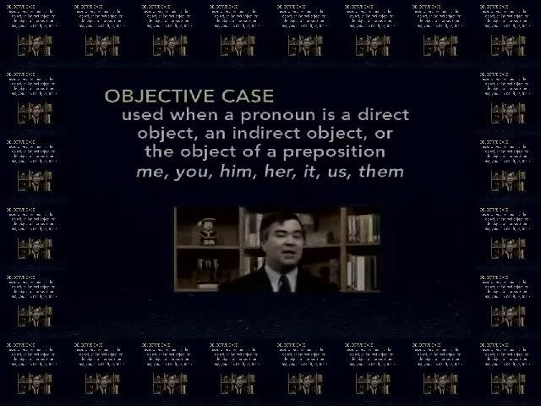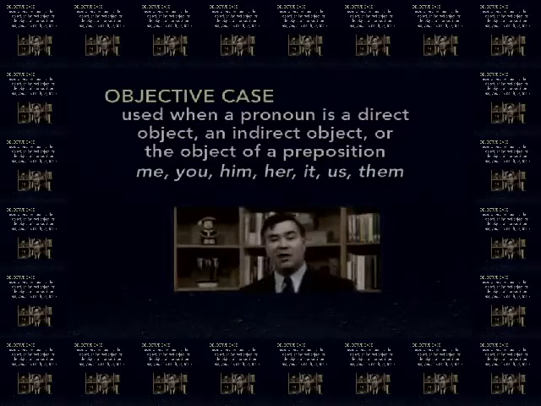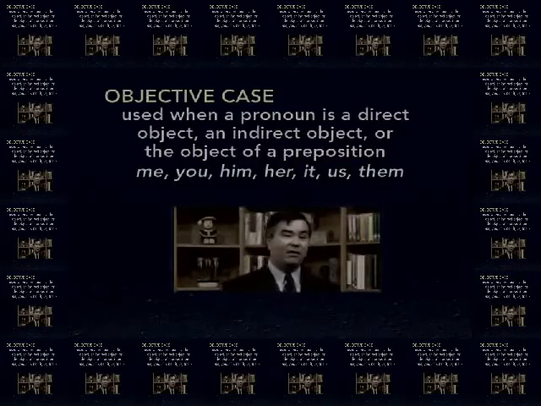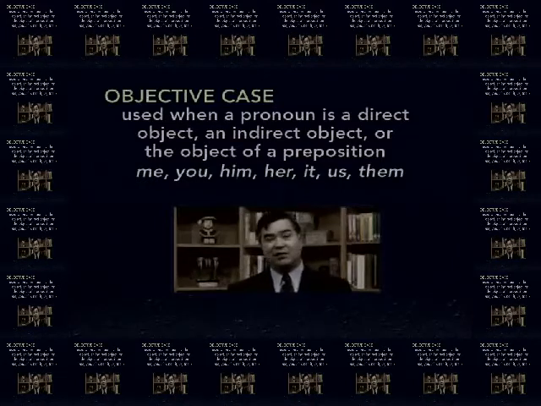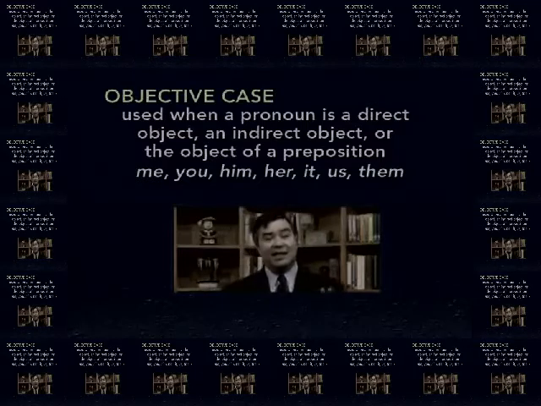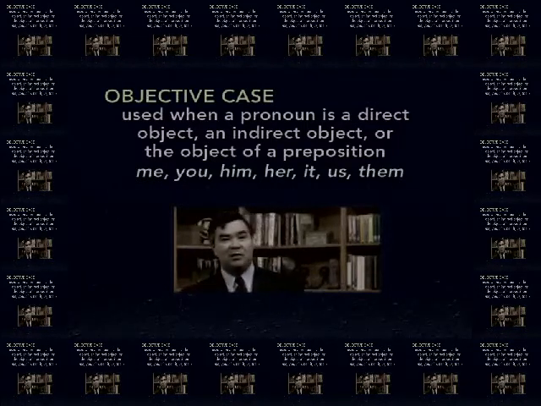It so happens that those two pronouns can be used either way, either as subjective or objective case pronouns. All the other personal pronouns, however, differ from subjective to objective case, and it's important to recognize the difference so that you can use them correctly. Let's look at sentences that illustrate each of the three ways an objective case pronoun might be used.